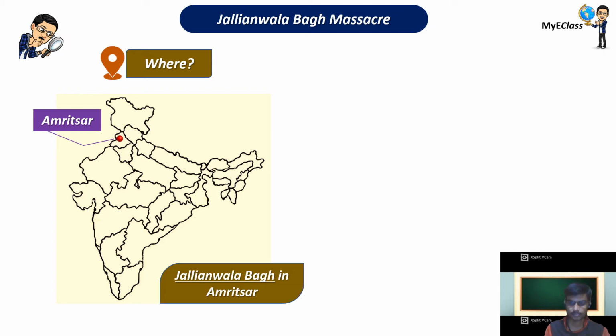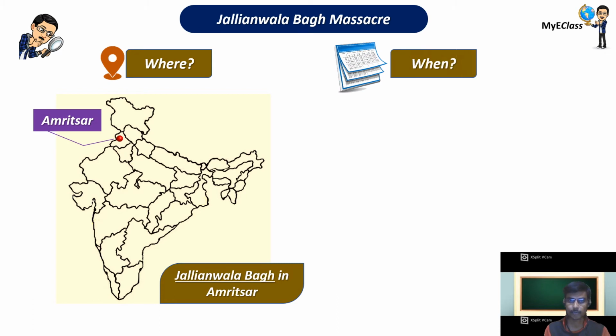And now let's move on to the next WH question, that is, we should know, when did this Jallianwala Bagh massacre happen? The second point that we are learning is about the day when Jallianwala Bagh massacre happened.